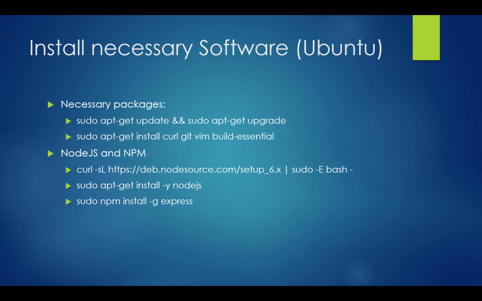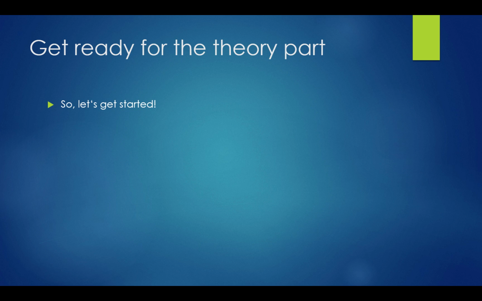You just sudo apt-get install the software. The same pretty much with Node and the Node Package Manager. You curl the setup and you run npm install. Now get ready for the theory part, and without anything further, let's get started.